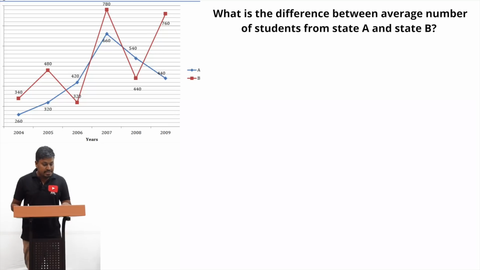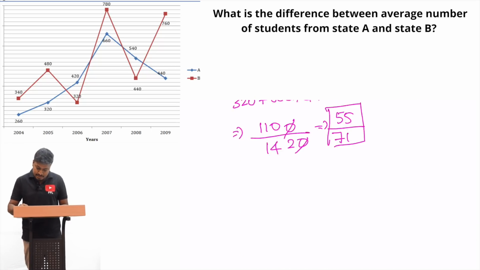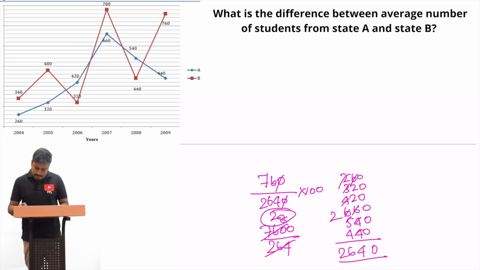What is the difference between the average number of students from state A and state B together? I think just now we have found the total number of students from state A, right? So we need to find the average number of students from state A and state B. First let me target state A. State A, how much did we find in the previous question? Sorry, 2640.